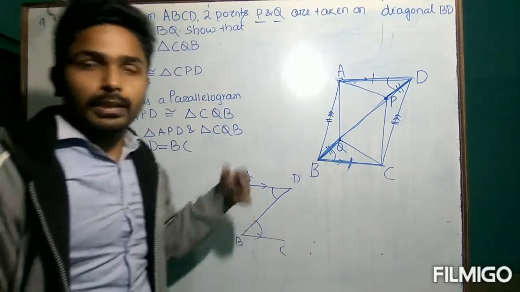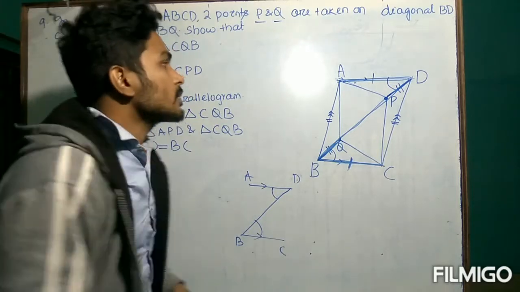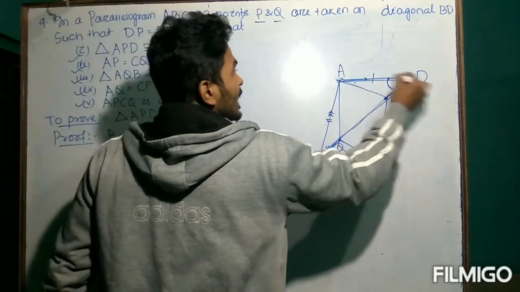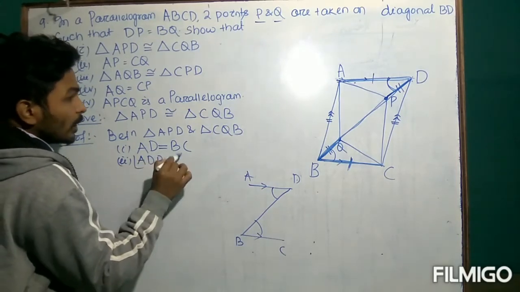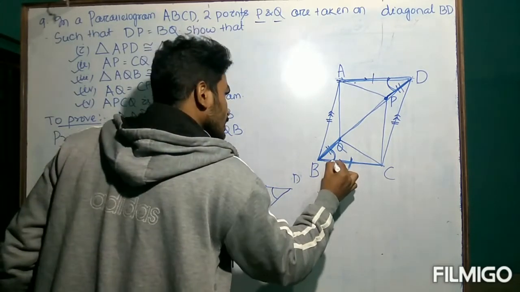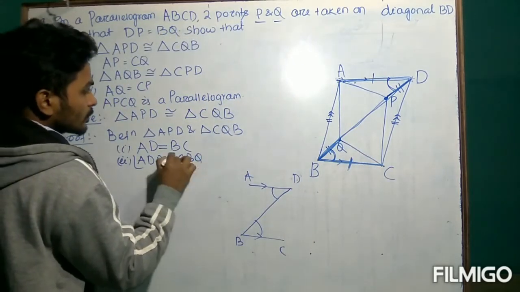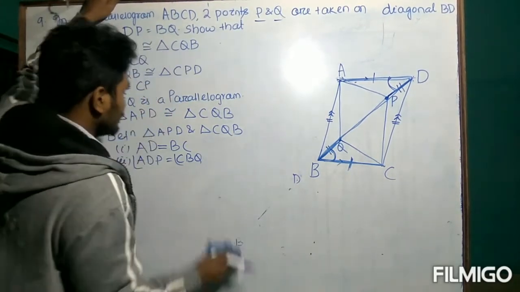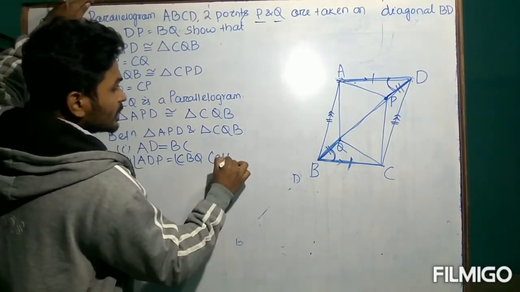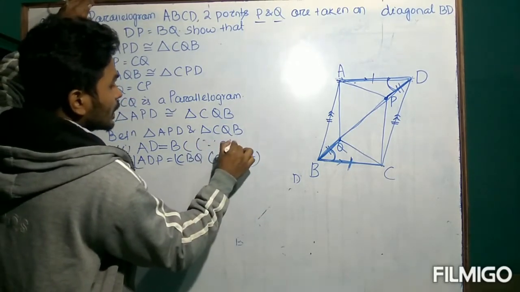These two angles are alternate angles. Do you know the alternate angles are equal? So this angle, ADP angle, is equal to this angle, CBQ angle. You can write the reason here that they are alternate interior angles.